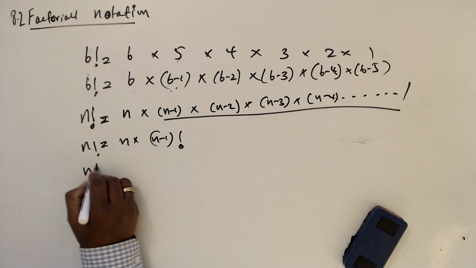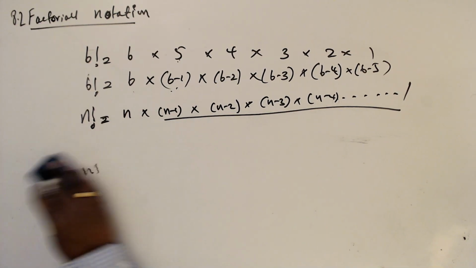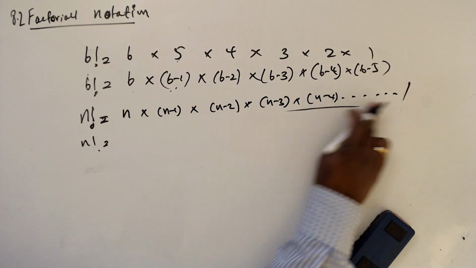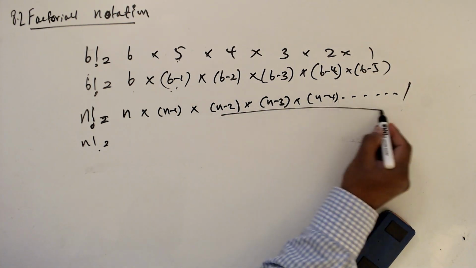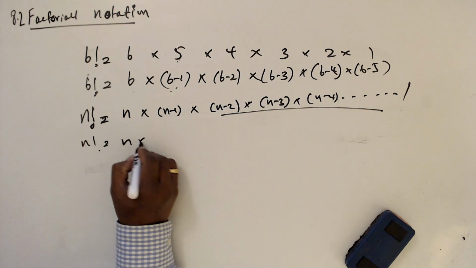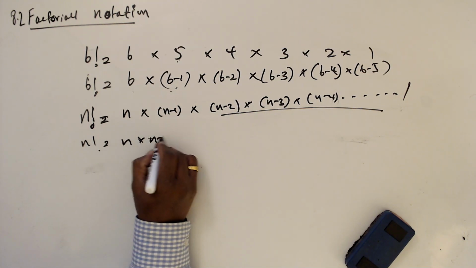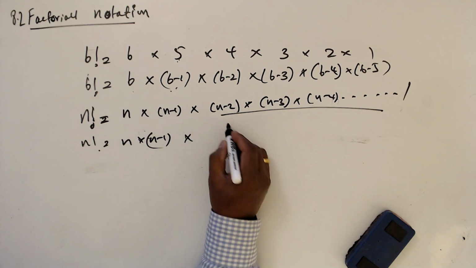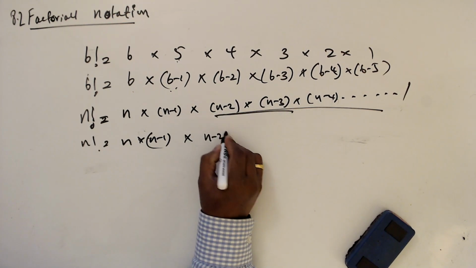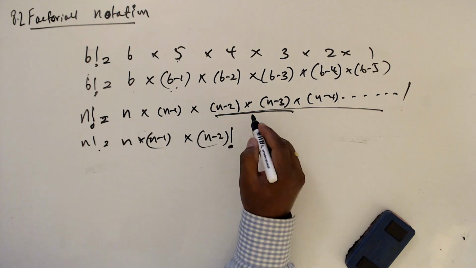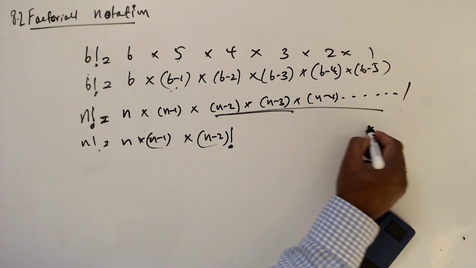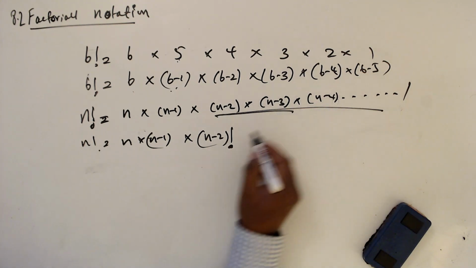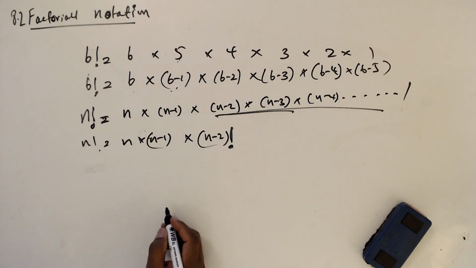If I want, I can write factorial n by considering these: n times n minus 1 times n minus 2 factorial. After that, everything up to 1, so we simply write n minus 2 factorial.